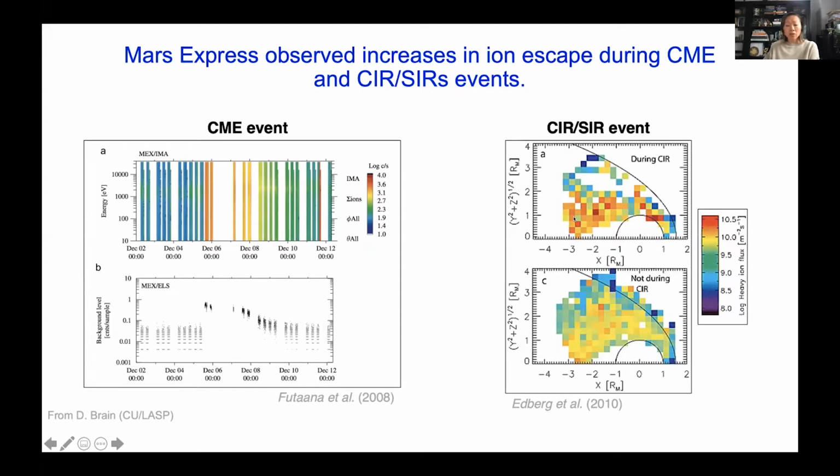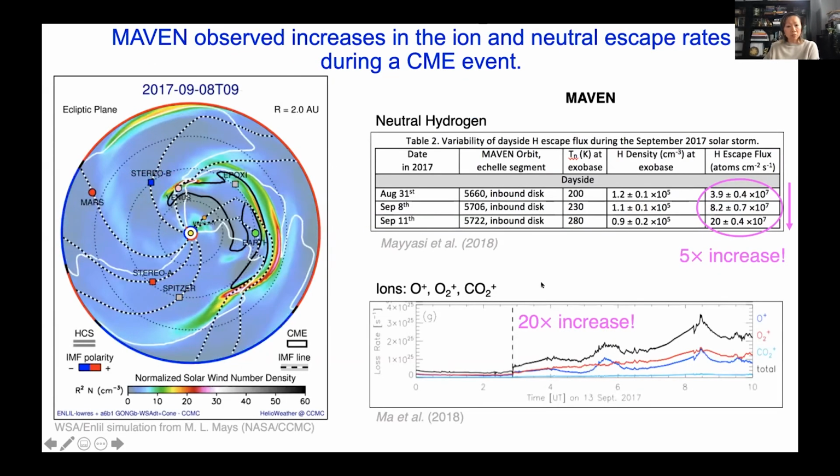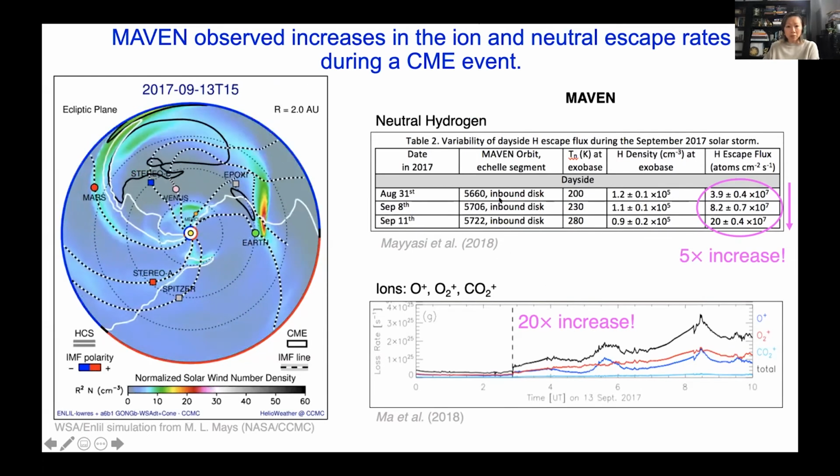On the right-hand side, I show Mars Express observations of increase in escape, also during CIR, SIR events. So you can see a bit more red, higher fluxes of escape versus non-CIR periods. Okay. Finally, MAVEN observations. MAVEN has also observed escape in ion and neutral particles.